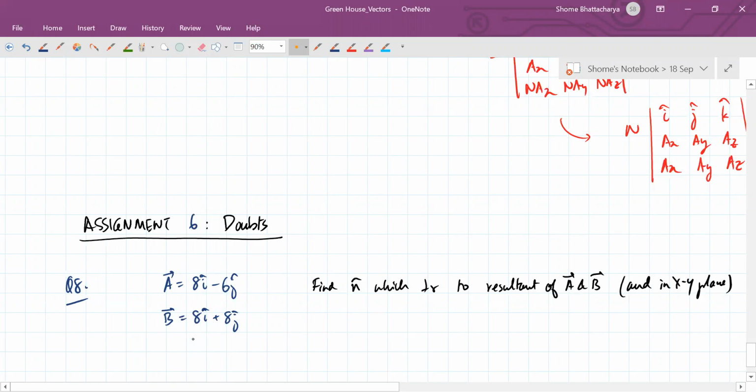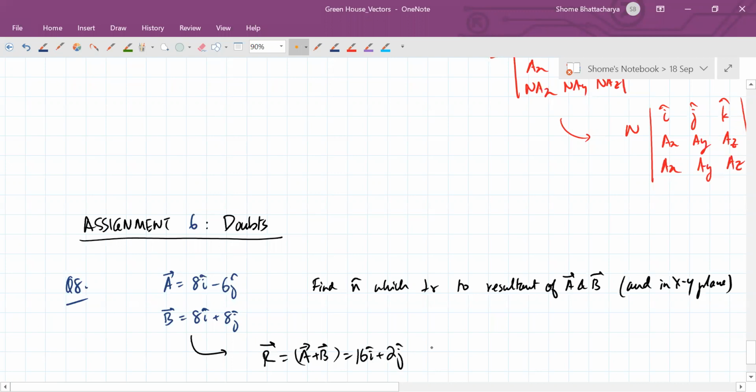First of all, let's see what the resultant of A and B is. It is 8 plus 8, 16 i cap, minus 6 plus 8, so plus 2 j cap.